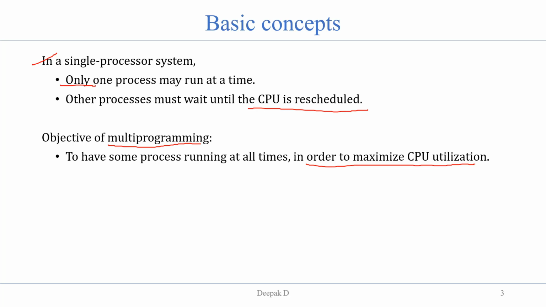Whenever a process makes an IO request, your CPU has to sit idle, which means the CPU is in the waiting state, because the CPU is waiting for the process to complete its IO operations.